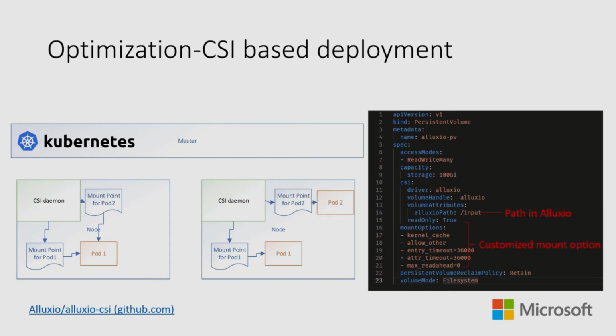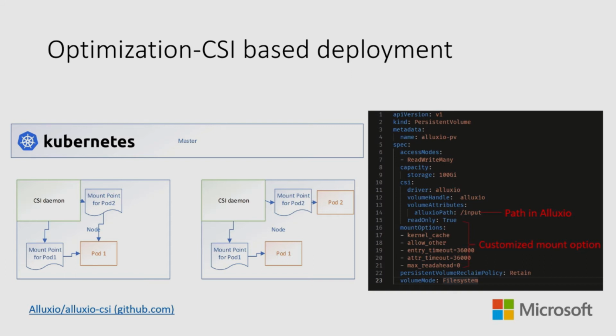For reading and writing, the configuration for Alluxio is quite different to make it more efficient. For example, for reading, because all tasks need to read one model file, we want to cache the model file in Alluxio, and we also want to cache the metadata for the read file to make it more efficient.